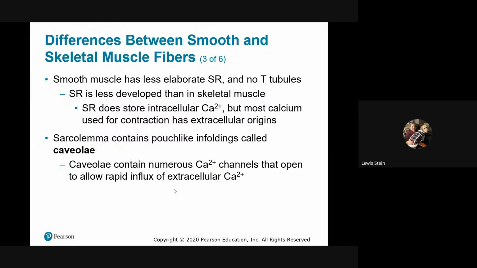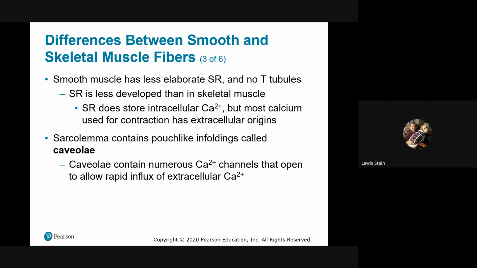Smooth muscle does not have the elaborate sarcoplasmic reticulum. They do not have the T tubules. It's not nearly as well developed. It does store intracellular calcium, but only a limited amount. Most of it is all about extracellular calcium. And you're going to see a term more than once, called caveolae. It's like an indentation or an infolding in the plasma membrane.